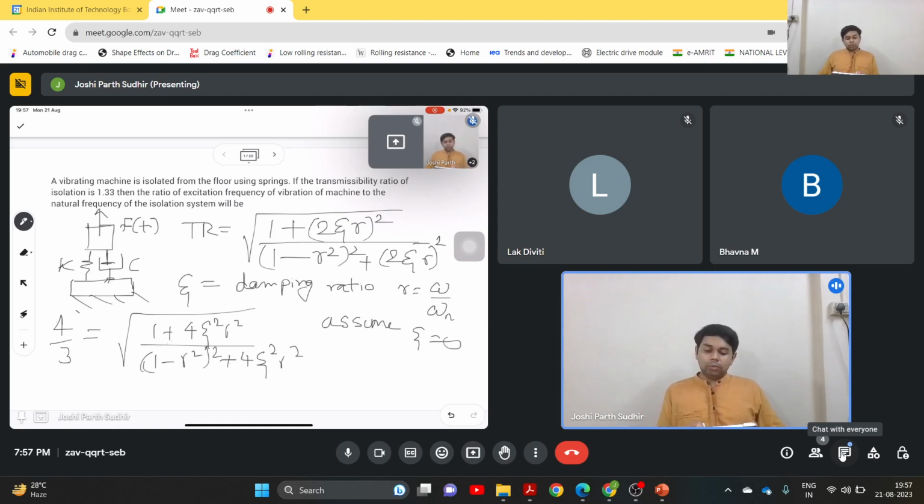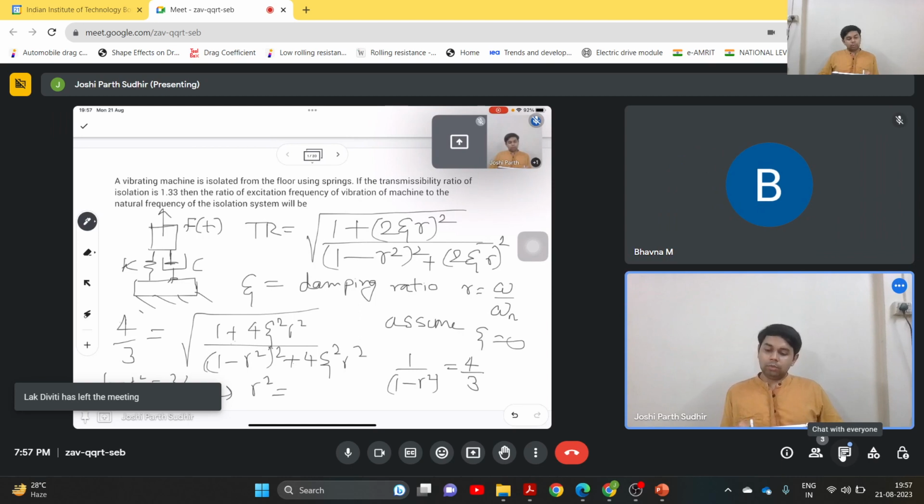Then the equation becomes 1 upon (1 minus r square) is 4 by 3, or 1 minus r square is 3 by 4, or we get r square is equal to 1 by 4. So r is equal to half. Therefore the ratio of excitation frequency to the natural frequency is 0.5.